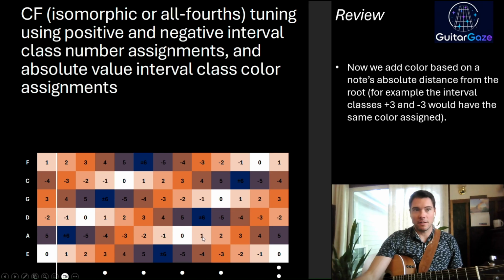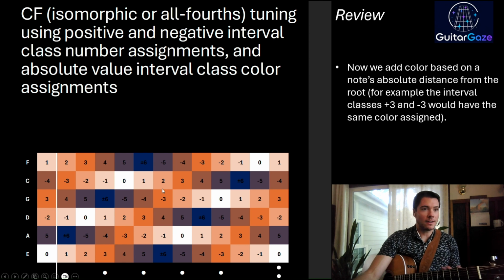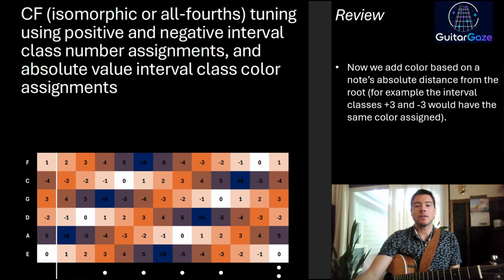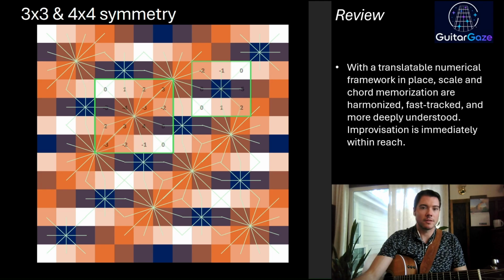If you go up a fret, you're 1, up 2 frets from 0 is 2, 3, 4, and so on, and below is -1, -2, -3, -4. We also add color to make things just a little clearer to see, and this allows us to inspect patterns on the guitar more intuitively and help commit things to memory using numbers and color rather than just alphabetical note assignments.